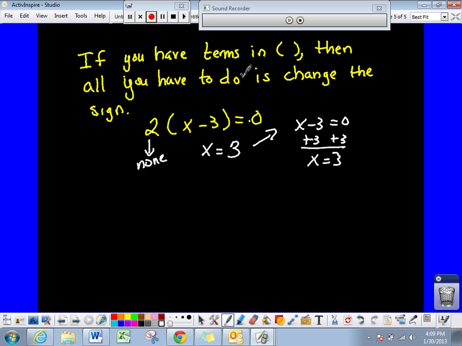If you have a fraction, so let's say you have 2x minus 3 equals 0, the solution then would be to change the sign to a positive. This will be the top, this will be the denominator. So it'll be 3 over 2.